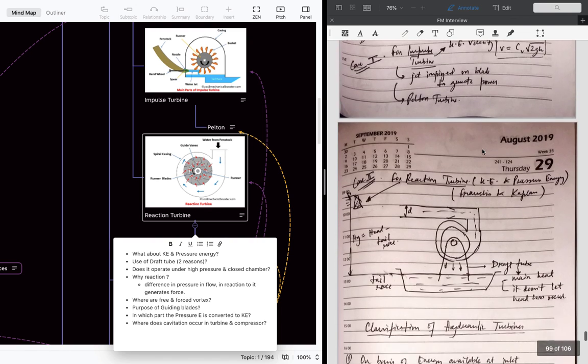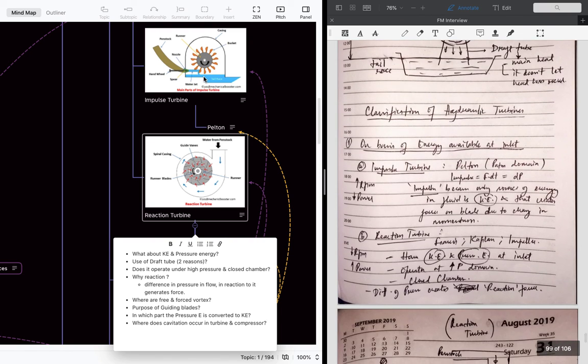As we know from this picture, you can see that the water is released directly on the turbine. So when the water is coming outside, it's already at atmospheric pressure. While in the reaction turbine, there is a very high pressure, and when it goes inside the turbine, the pressure is reduced. You will see the reasons later.